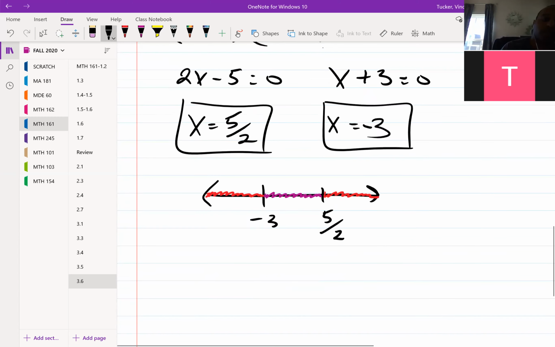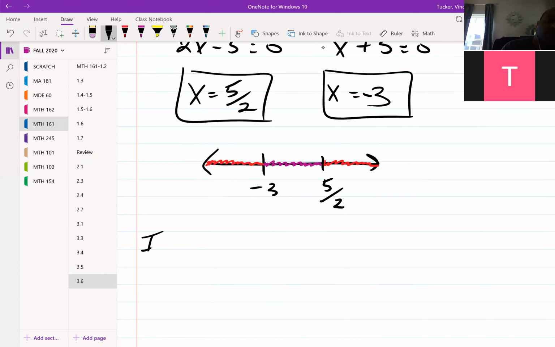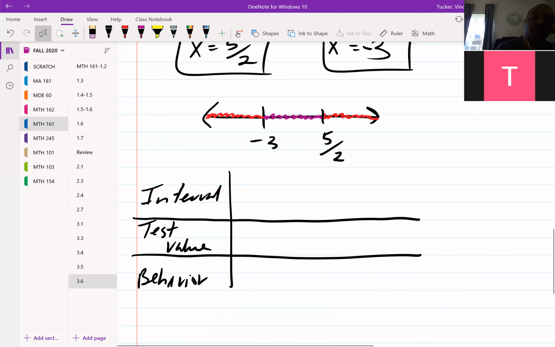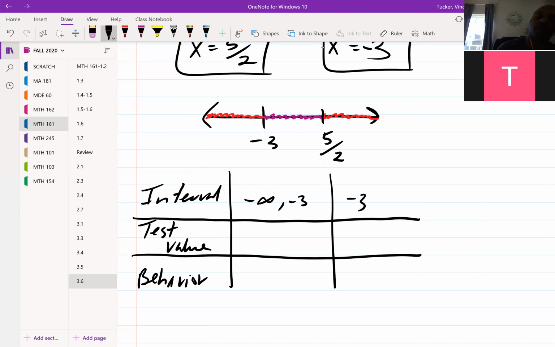So we can set up a chart. Our intervals, as we just mentioned, are negative infinity to -3, -3 to 5/2, and 5/2 to positive infinity.